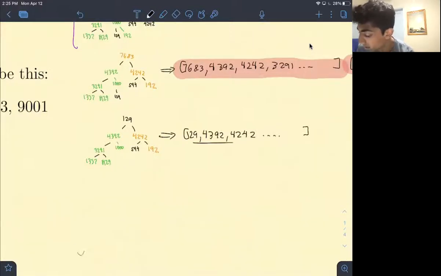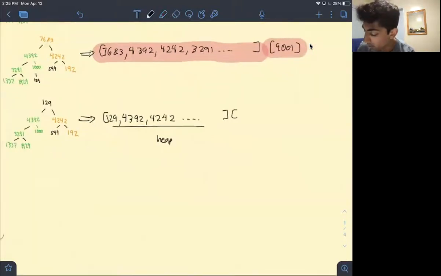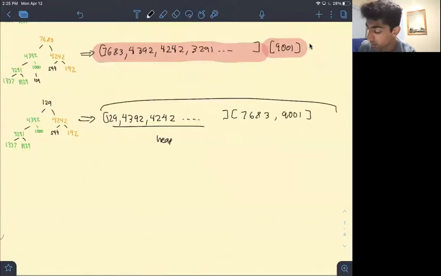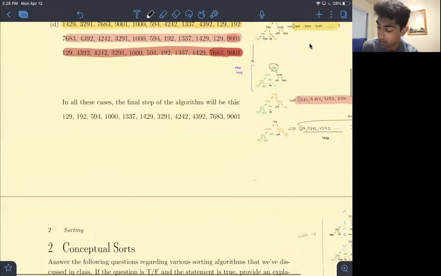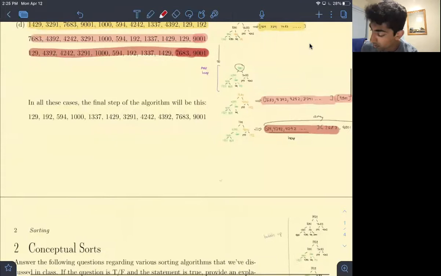And this is the state of the heap. And then the elements that we removed from the heap so far are 7683 and 9001. Okay, so this is the state of the whole array. And that's the last step that's shown here. Okay, so hopefully this walkthrough helped solidify your understanding. And yeah, stay tuned for the next one.